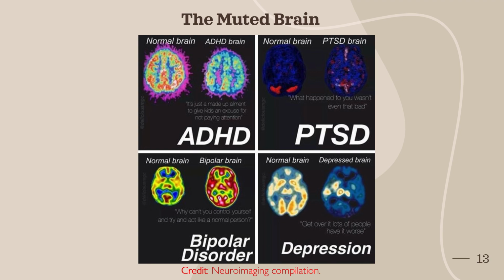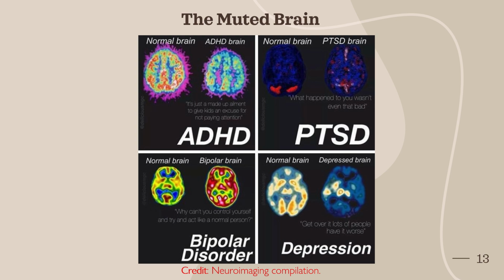During a manic episode, the sensory bouncer goes on a total break, and the gates are thrown wide open. Every single sound, light, and touch is allowed into the brain at full volume.